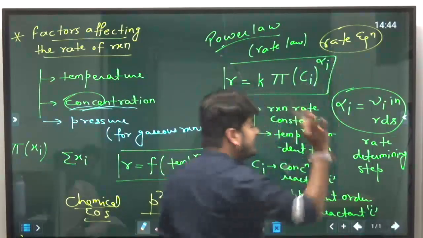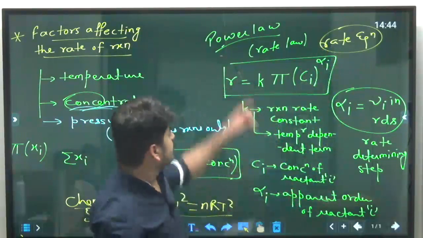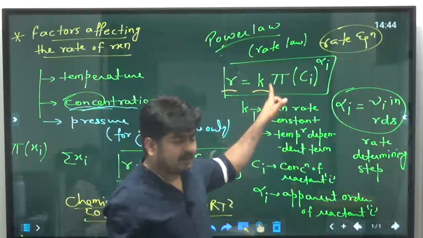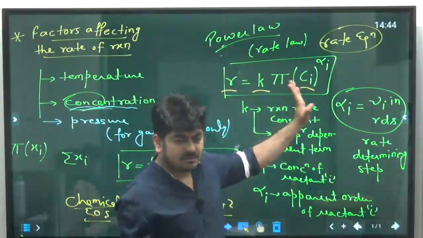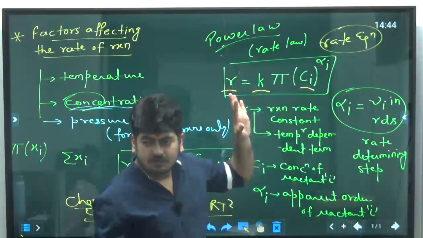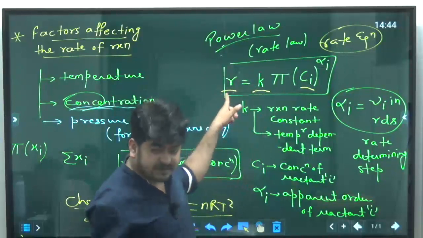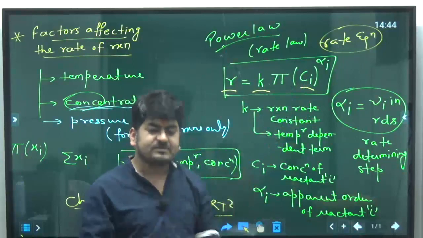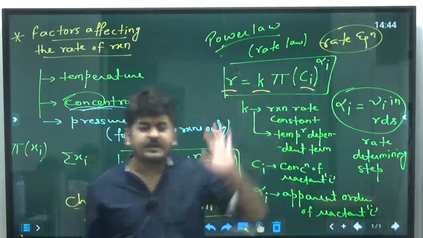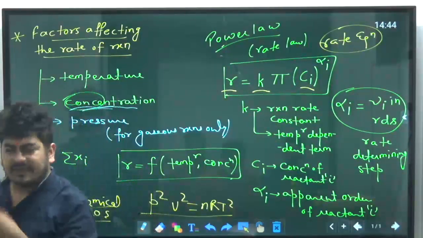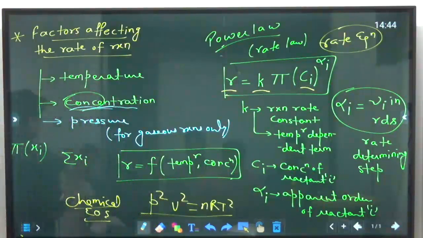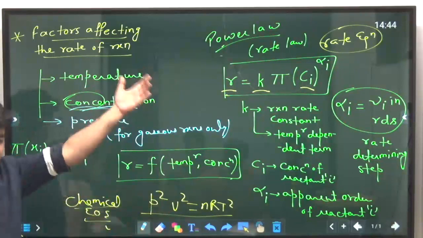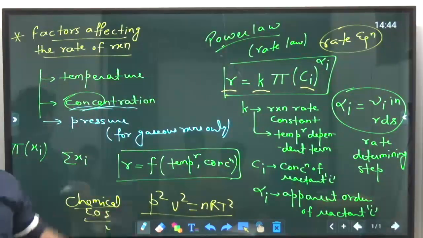So similarly, any mathematical relationship between rate of reaction, rate constant K and concentration, I am not talking about the order, is known as the rate equation. Any mathematical equation, relationship. Okay. Just like equation of a state has some name.